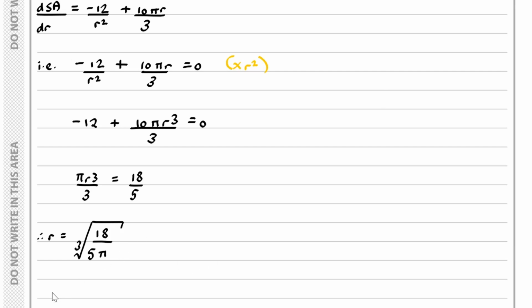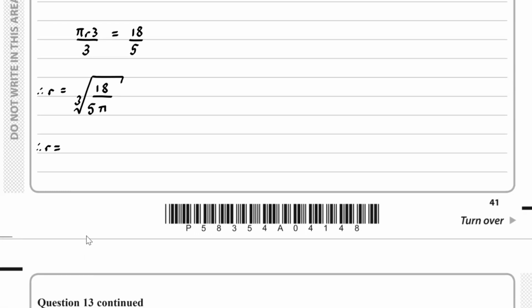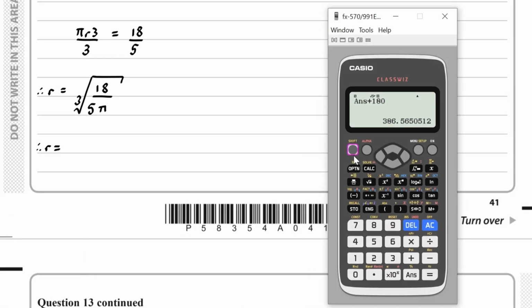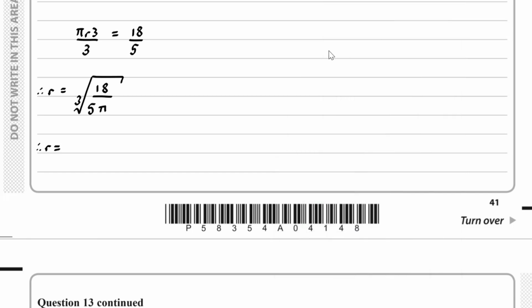So if we work this out, we see that r is equal to the cube root of 18 over 5 pi, which is 1.05, to 3 significant figures.